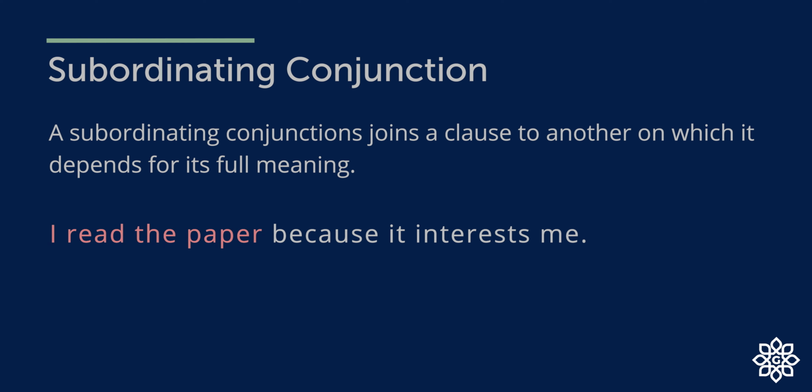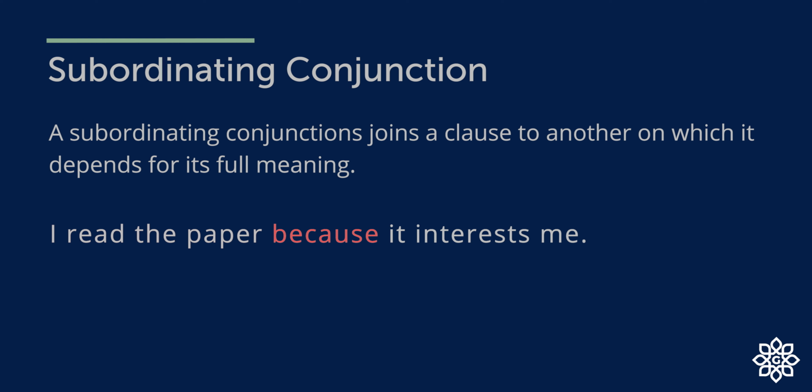Here, I read the paper is an independent clause. But the clause it interests me is dependent on the other part because it doesn't give a full meaning. Hence, the conjunction because is used to connect the two clauses. I read the paper because it interests me.